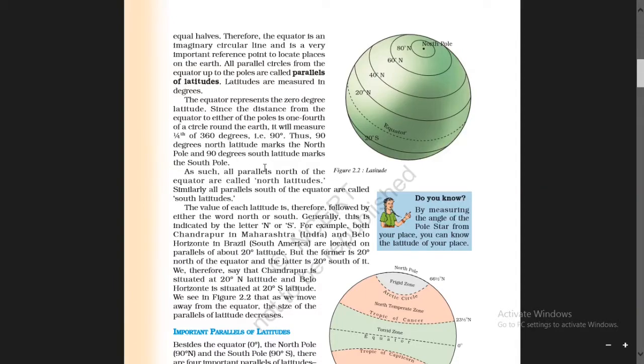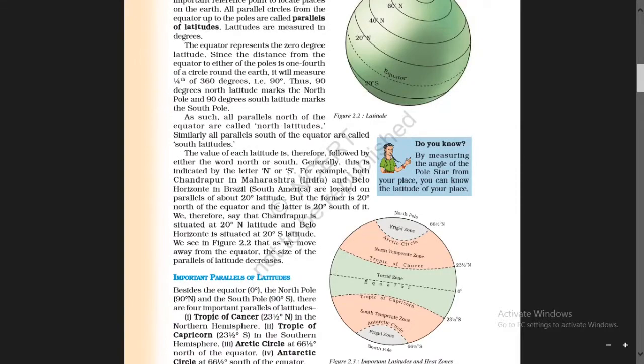As such, all parallels north of the equator are called north latitudes. In this way, all parallels which are located on the north of the equator are called north latitudes. Similarly, all parallels south of the equator are called south latitudes.